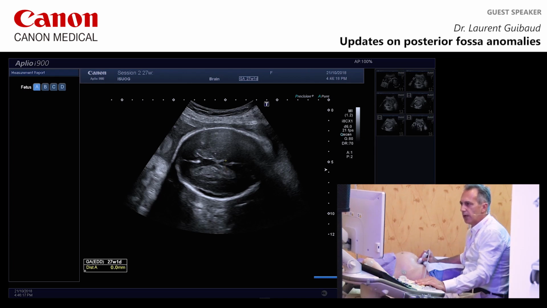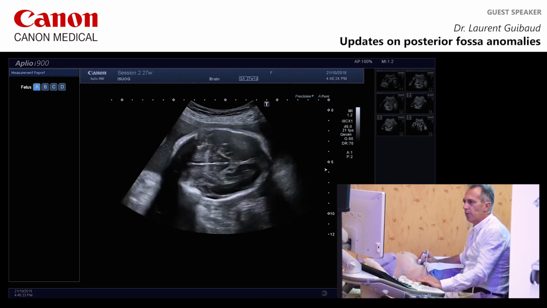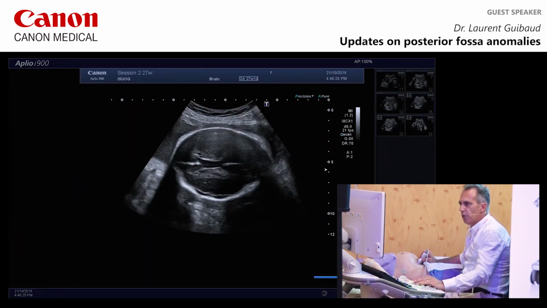but you are not sure here that you are dealing with the splenium, because you can be on the posterior part of the body of the corpus callosum. So for me, it's interesting to see the posterior complex here. But in that case, it's very difficult to say if the corpus callosum is complete or not.